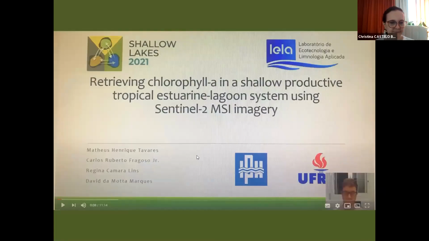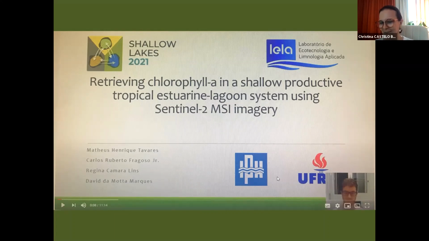So now, retrieving chlorophyll A in a shallow productive tropical estuarine lagoon system using Sentinel MSI imagery, from Mateus Henrique Tavares of the Federal University of Rio Grande do Sul.